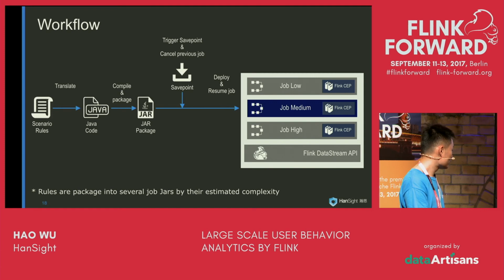So the solution to fix that is that we can separate all those rules. We can put some of the rules in a jar and some other rules in another jar. That means every jar doesn't have so many rules. And then you publish all those jars into Flink and start multiple CEP streams. That'll fix this problem.